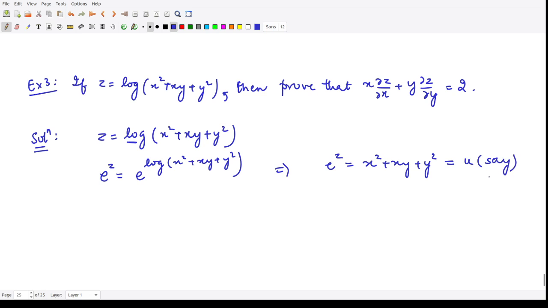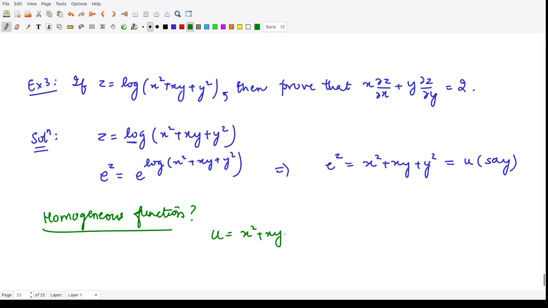So now we can apply Euler's theorem. Firstly we have to check whether this is a homogeneous function or not. For that we'll see if this function u, which is x square plus xy plus y square, can be written in the form x to the power n into phi of y by x.